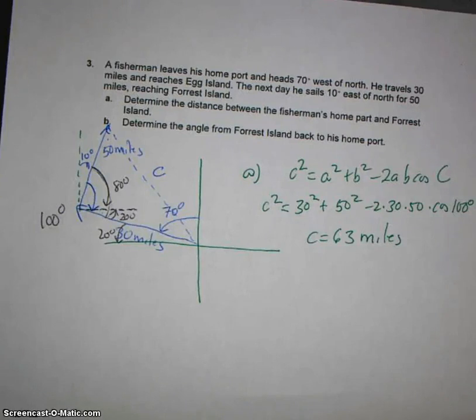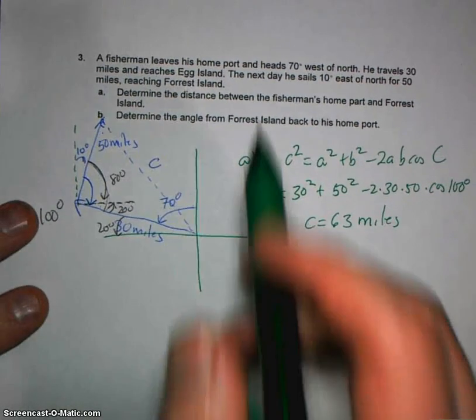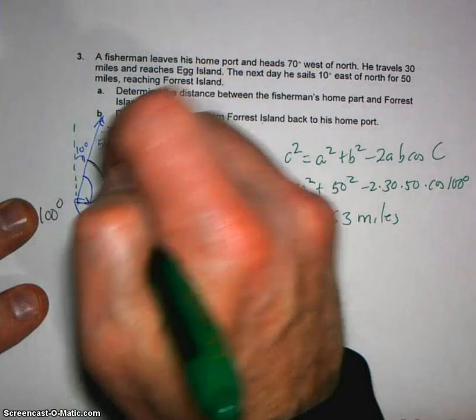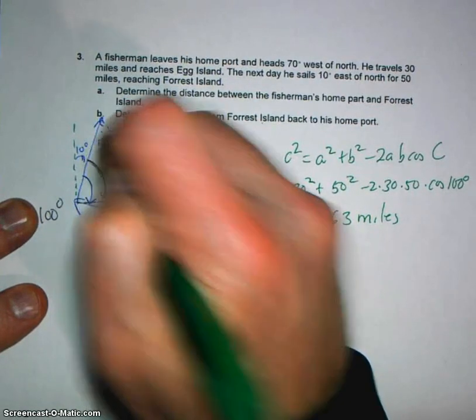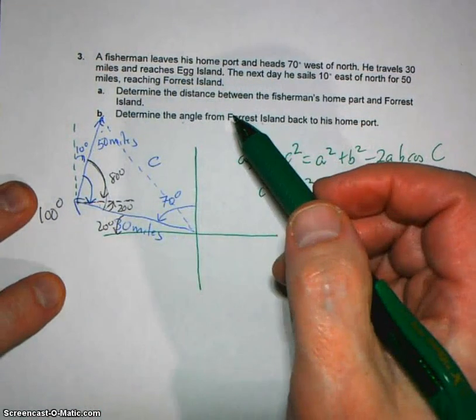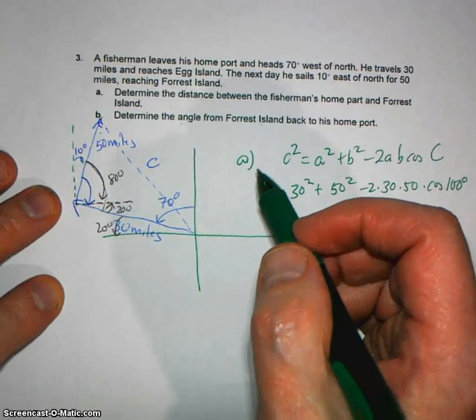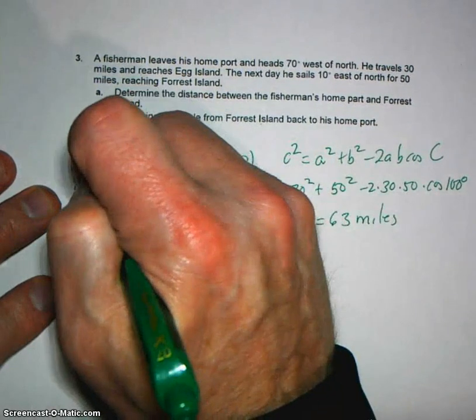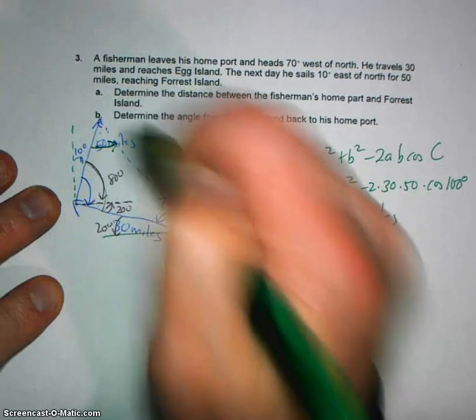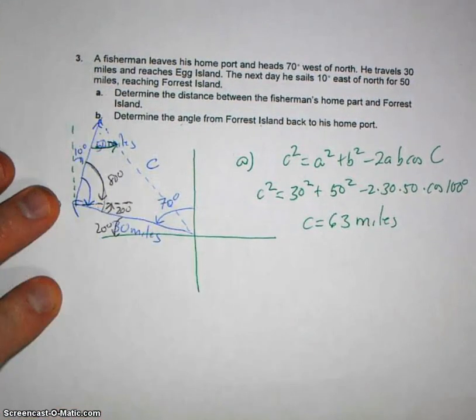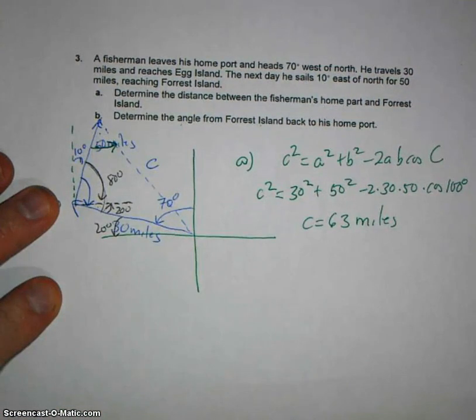All right, kind of hard to see my picture, but what we want now is the angle from Forest Island back to the home port. I guess it depends on how you want to measure it. We could consider this angle from the direction he was going, perhaps, would be a good answer.